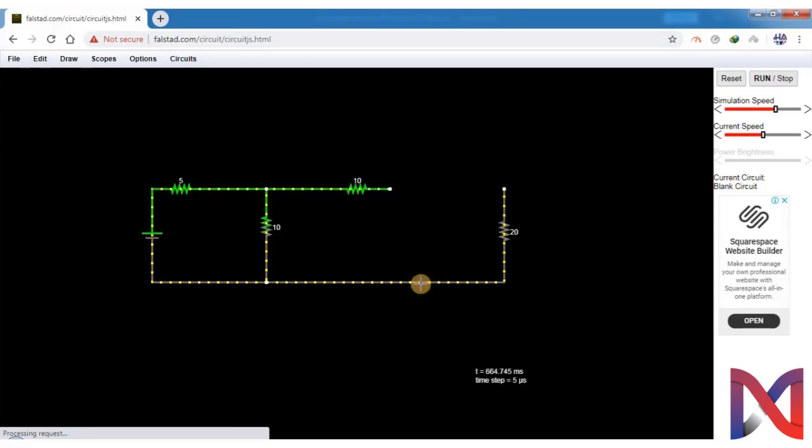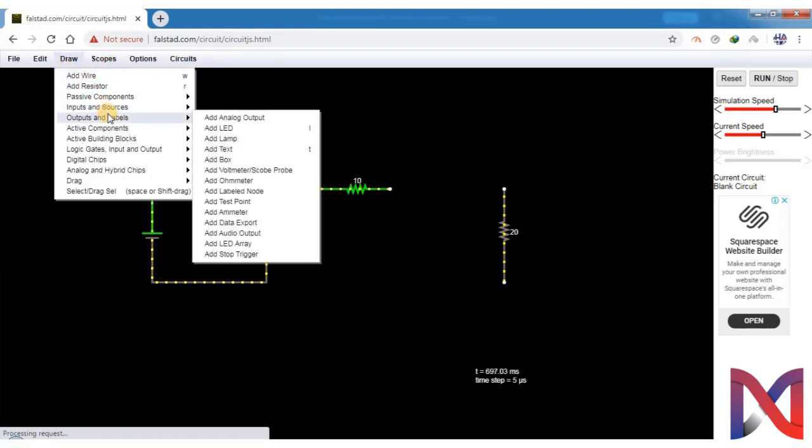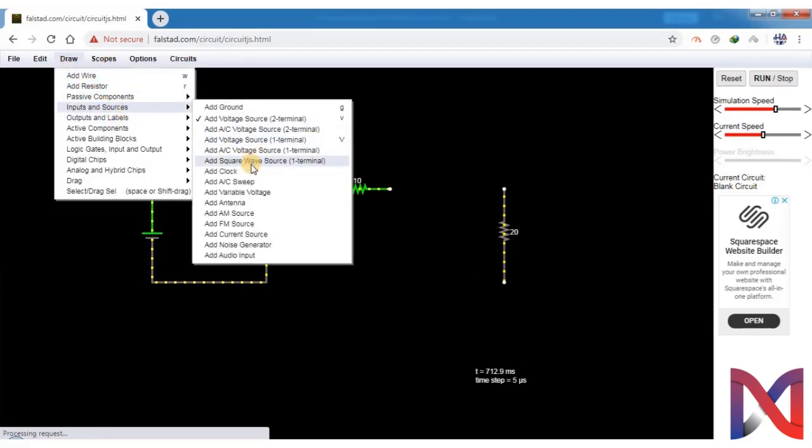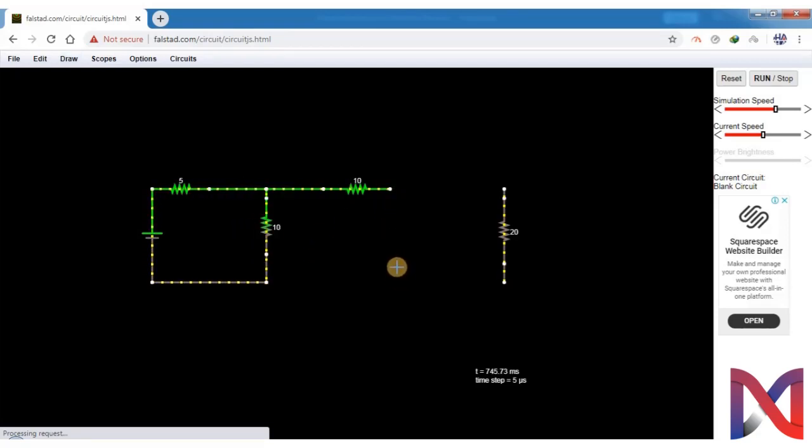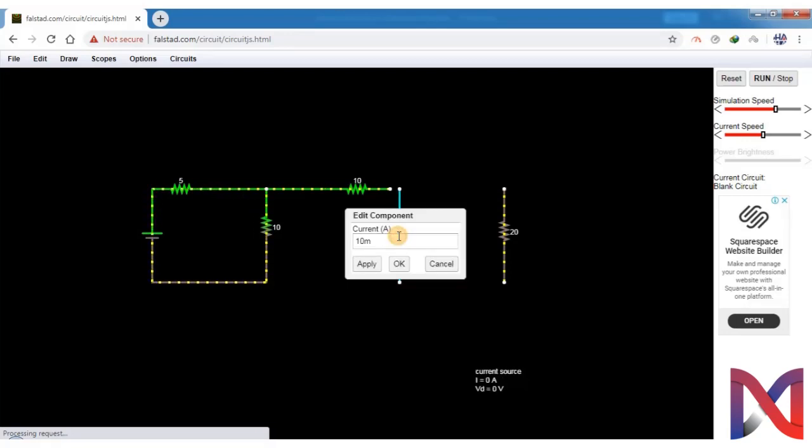So we will disconnect it here and place our current source right here. Remember that our current source was in upward direction, so you have to keep this direction upwards and change its value to 4 ampere.